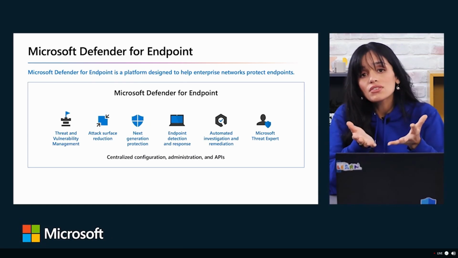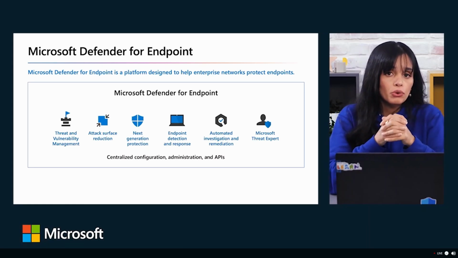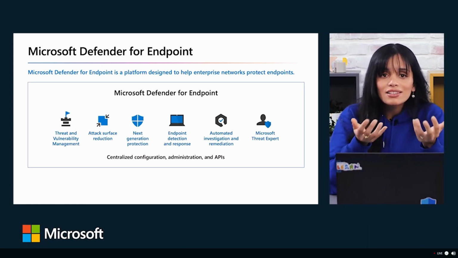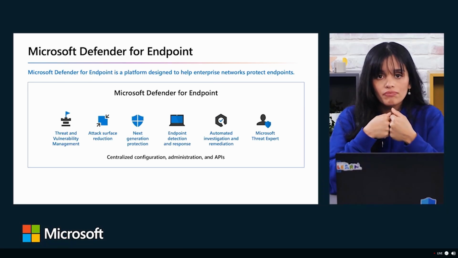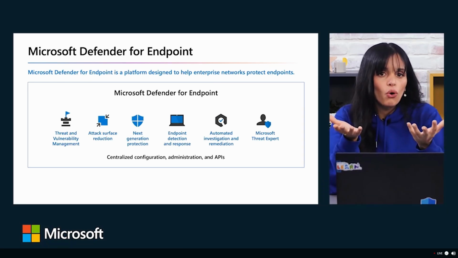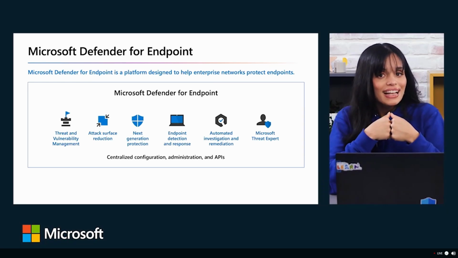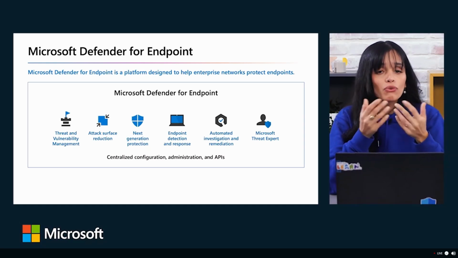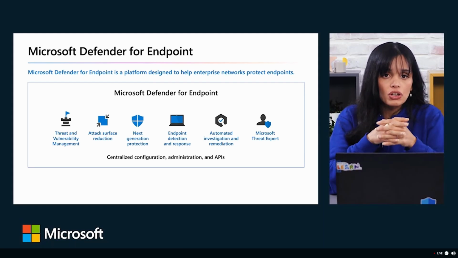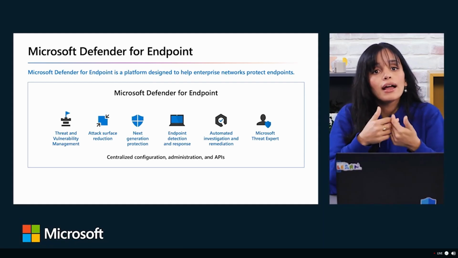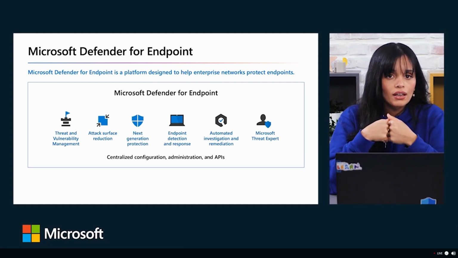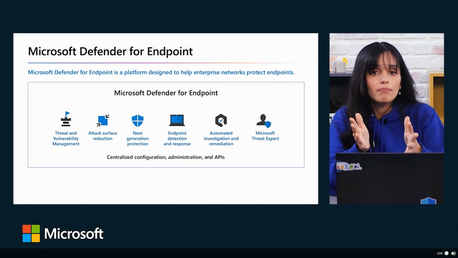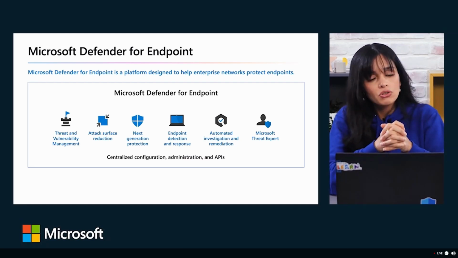It includes also the next generation protection. Think of this as your next generation antivirus, or a little bit more. Moreover, it includes an endpoint detection and response that provides advanced attack detections that are near real-time and actionable. This is only some of the features. You could read more about them in the documentation in Microsoft Learn.